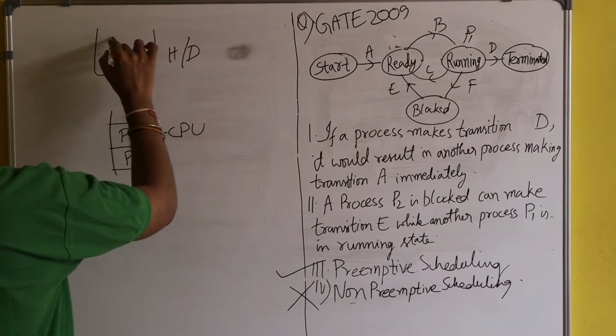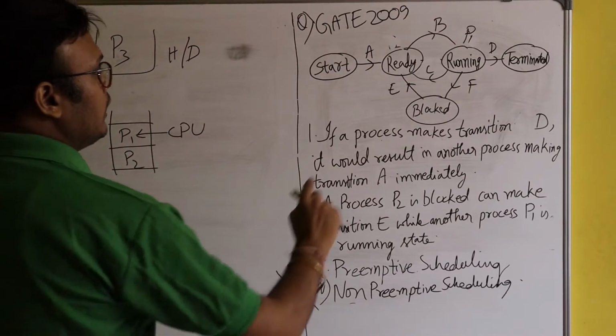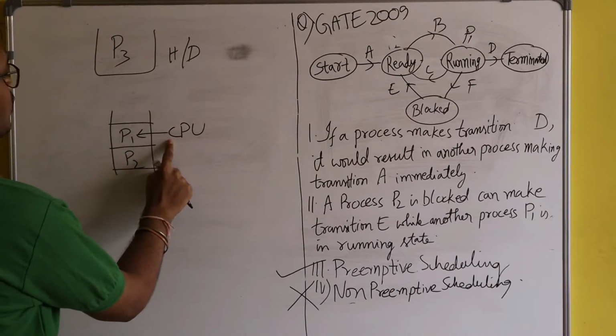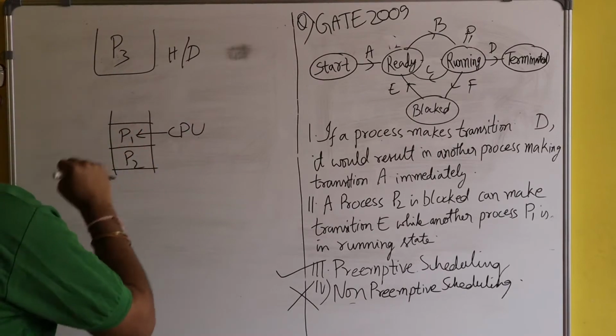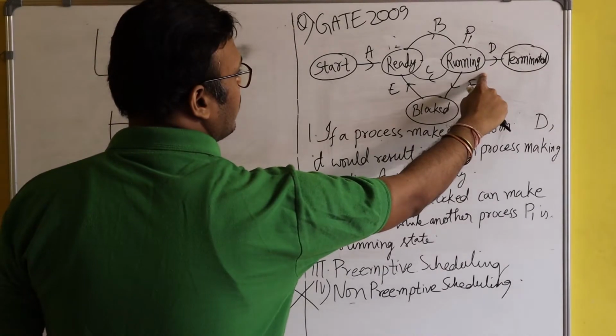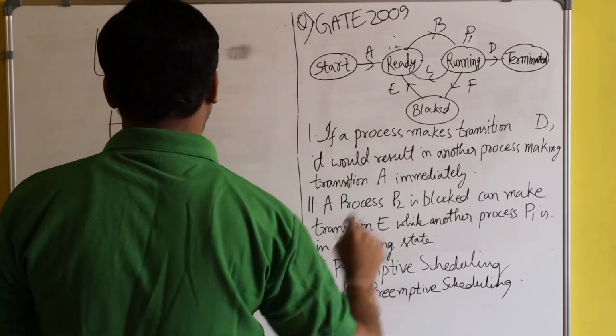In hard disk there is one process P3. So if the task of process P1 is over, it means process P1 is terminated. So process P1 will make transition D from running to terminated state.